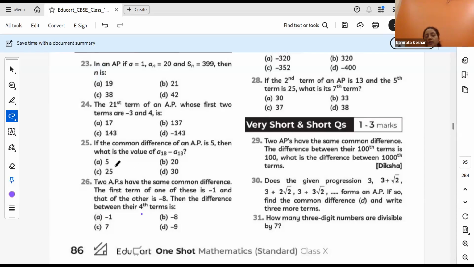So without even knowing the first term or anything, we'll be able to find A18 minus A13. Okay, you have done this type of question which is there in NCERT as well, right?